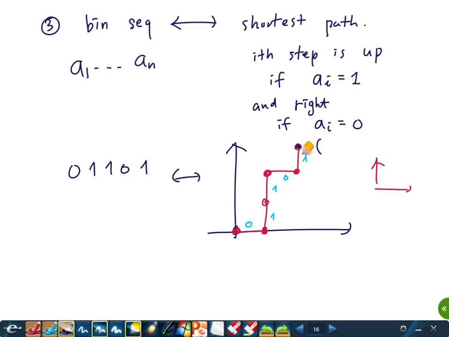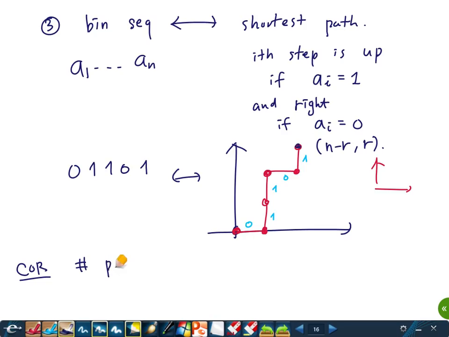The x-coordinate will be the number of zeros, which is n minus r. The y-coordinate will be the number of ones, which is r. Okay? So this proves the third statement.